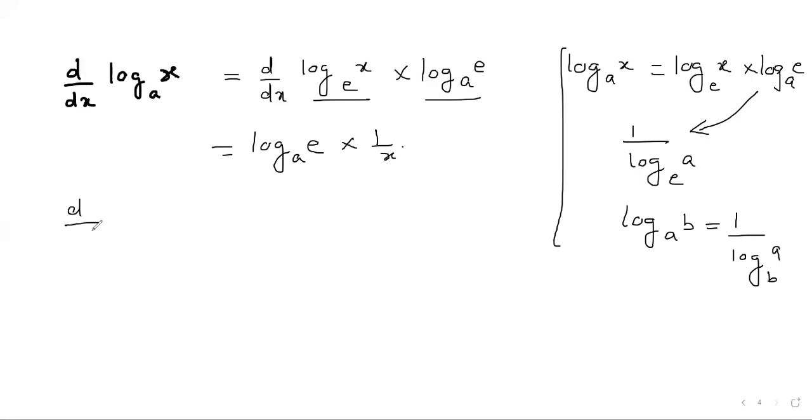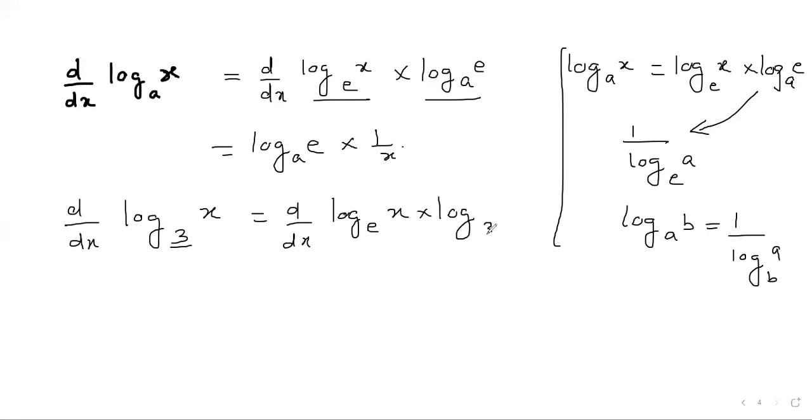Another example, d upon dx of log 3x. So this will become d upon dx. First of all, we have to convert this base 3 into e. So log x base e times log e base 3. Log e base 3 is constant, and this is differentiable, which gives 1 upon x.